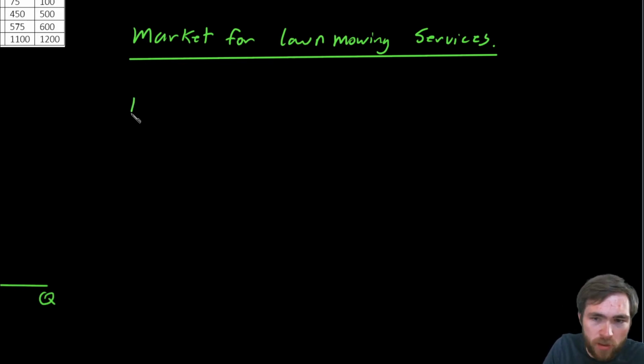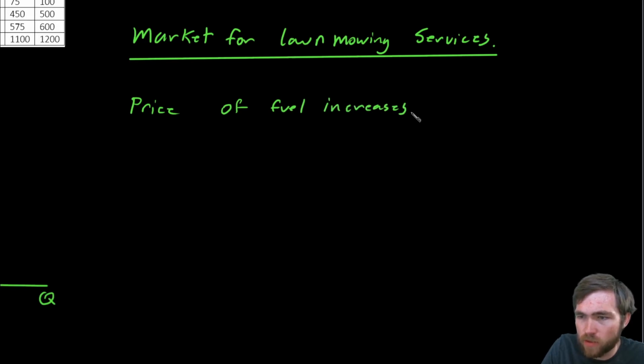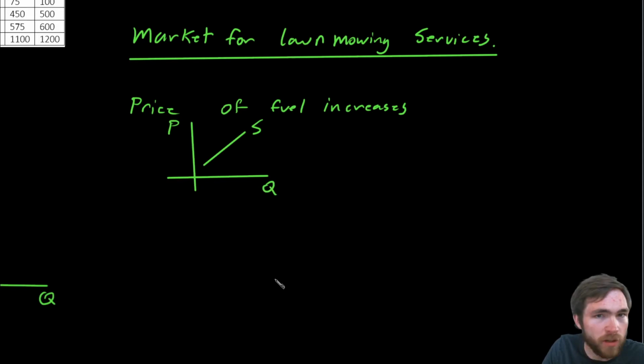So let's suppose that the price of fuel increases. Would you expect that to cause the supply curve for lawn mowing services to shift inward or outward? So here's our supply curve, price on the vertical axis, quantity on the horizontal axis. So think about that.